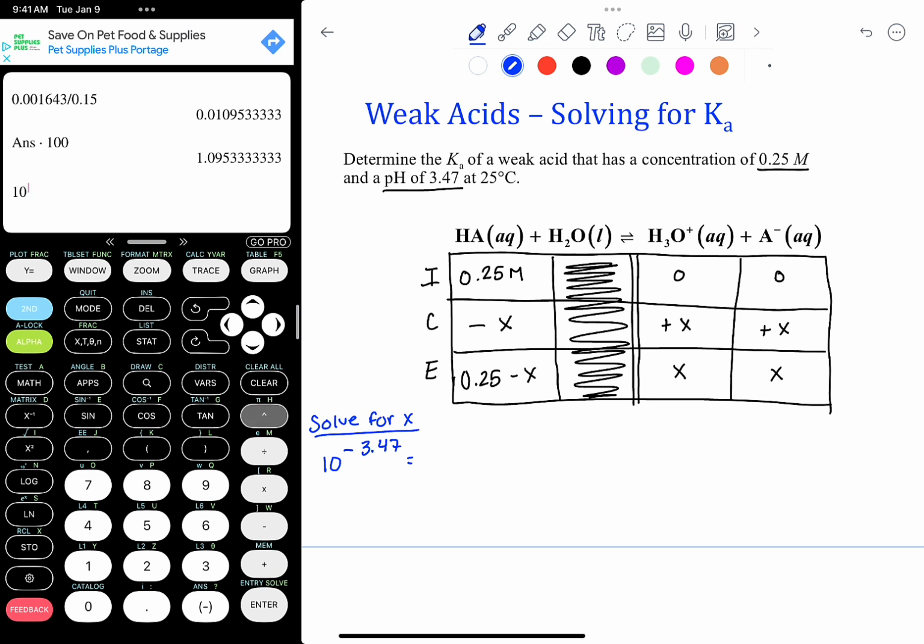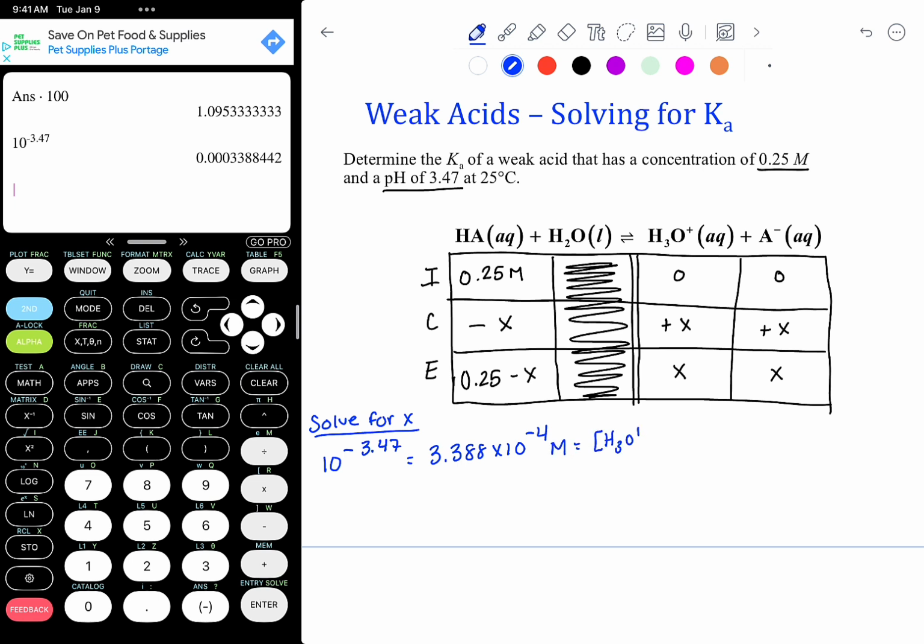So 10 raised to the negative 3.47. And we get, we'll put that in scientific notation, 3.388 times 10 to the minus 4. So that is our H3O plus concentration, as well as our A minus concentration.